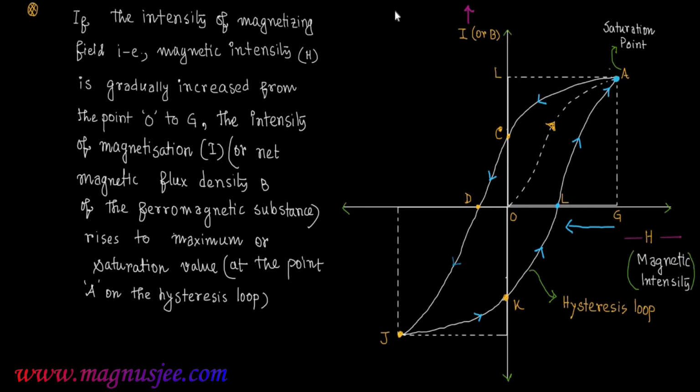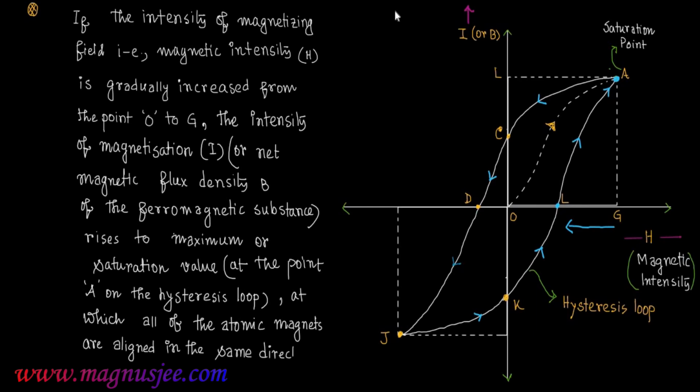That means intensity of magnetization I or net magnetic flux density B rises to maximum or saturation value at the point A on the hysteresis loop, at which all the atomic magnets in the different domains are aligned in the same direction.